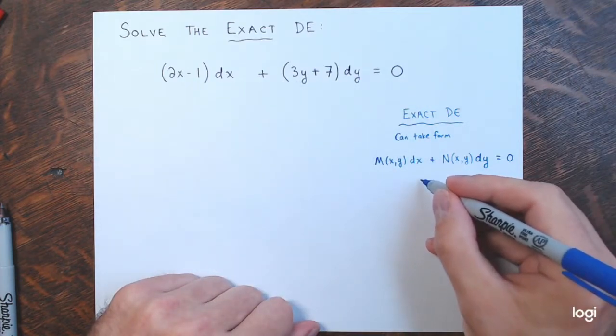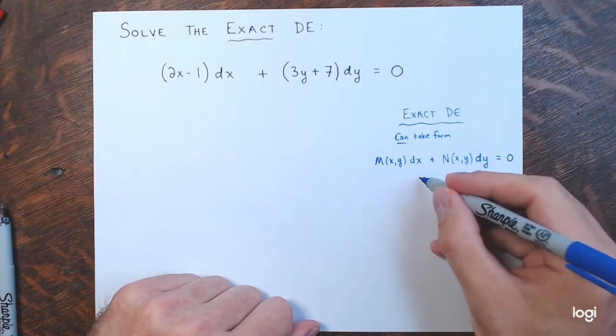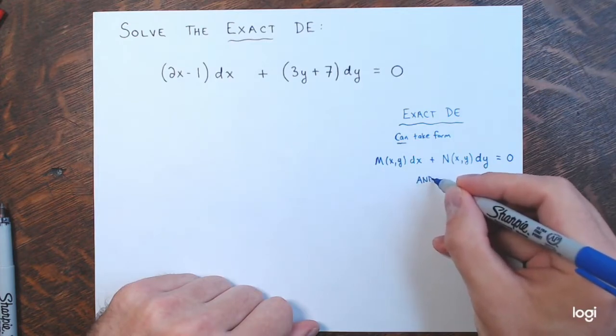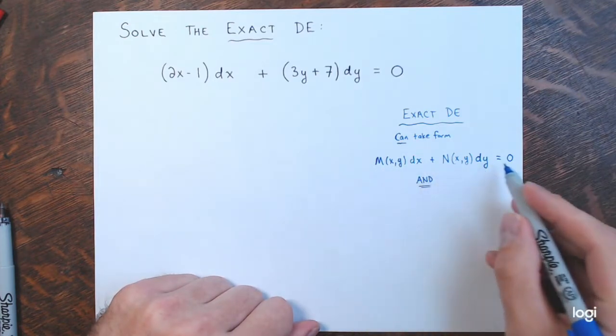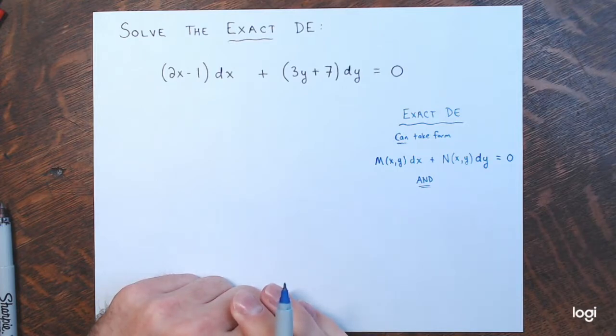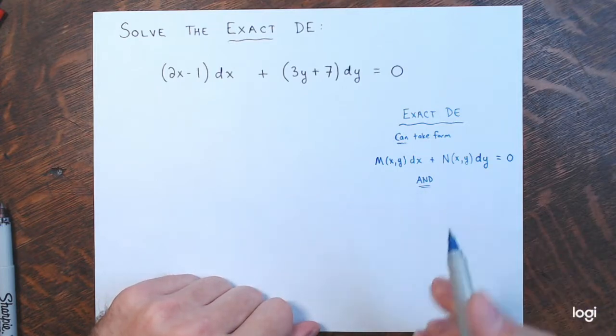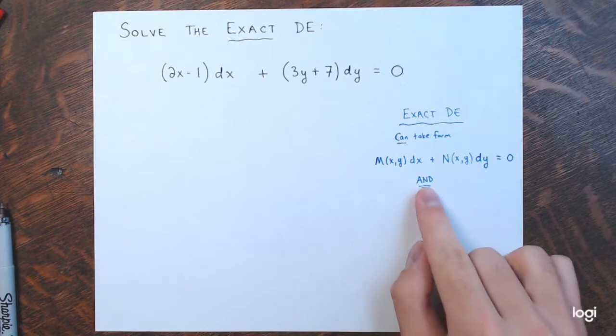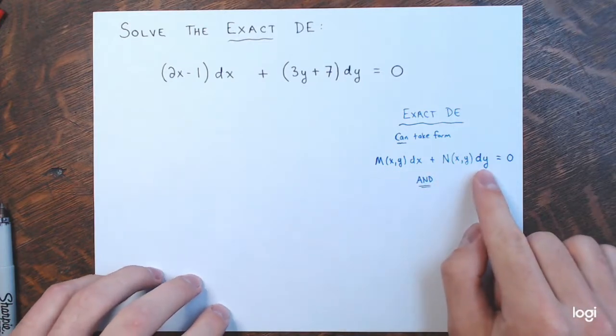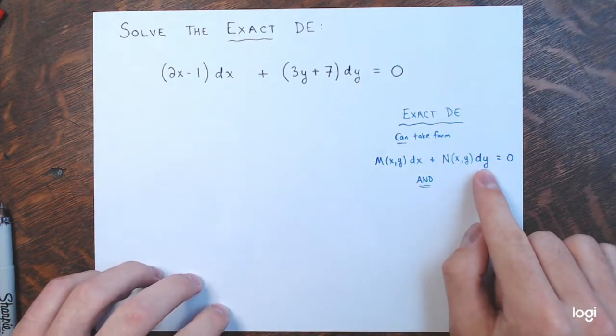But not only that, at the same time, not every equation that looks like this is exact. We also have, and this left side is a total differential of some function.